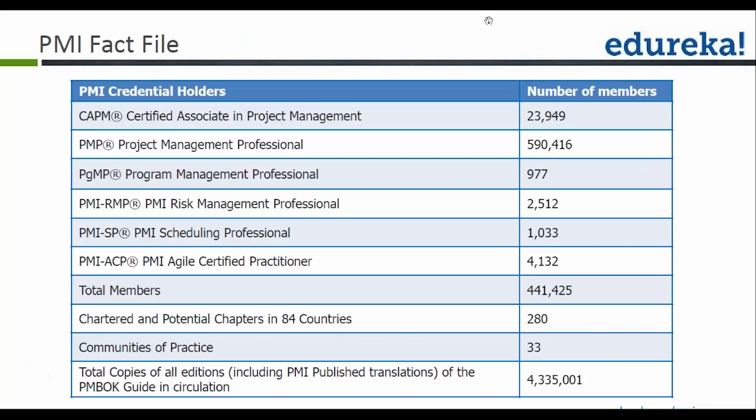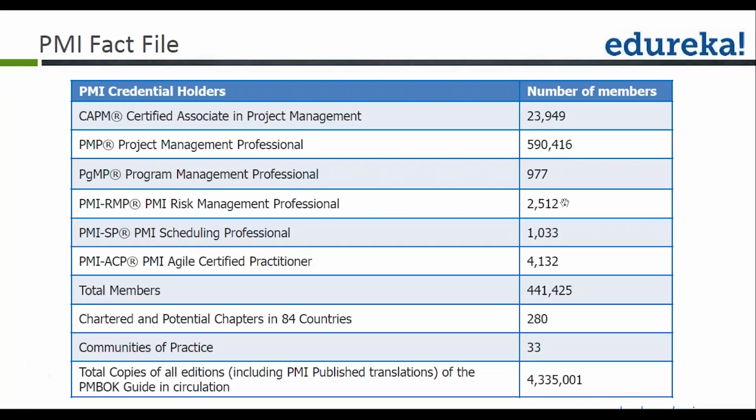Okay. So if you remember, I was talking about the PMI fact file, or the number of credential holders. And as you can see here, the total number of Certified Associate in Project Management is around 24,000. Project Management Professionals is almost touching 600,000.